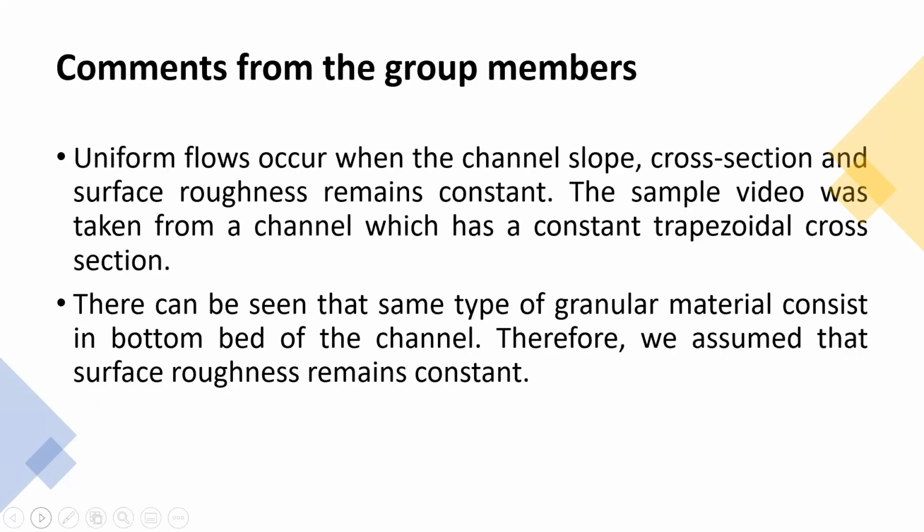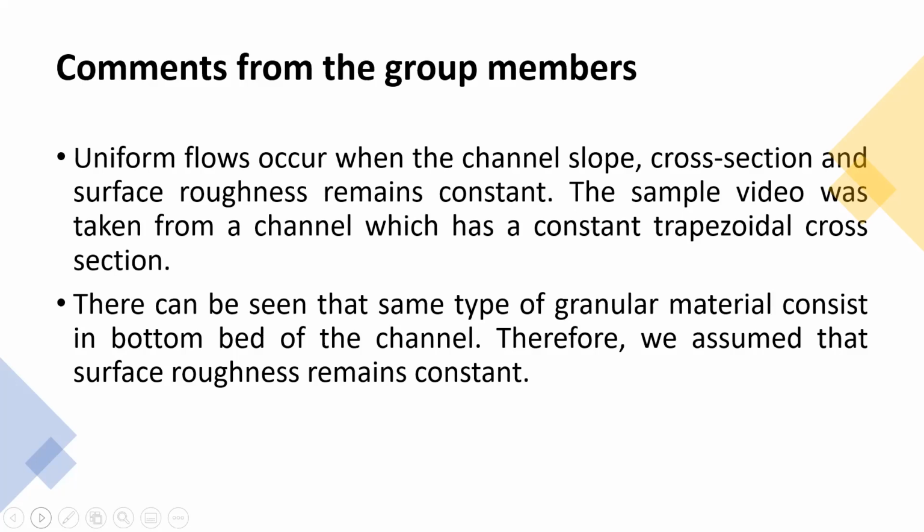Then I'm going to tell you that when I posted this video to our group, my colleagues gave their opinions regarding this flow type. Someone says that uniform flows occur when the channel slope, cross-section, and surface roughness remain constant. From the sample video we have captured, there was a constant trapezoidal cross-section.